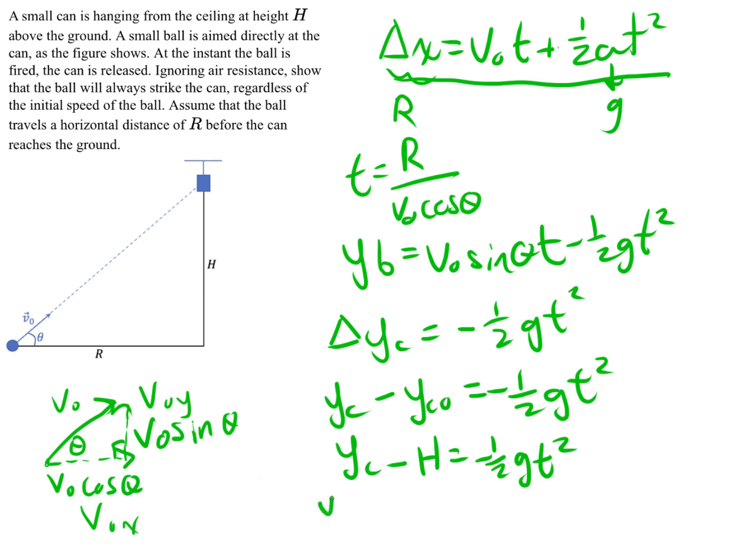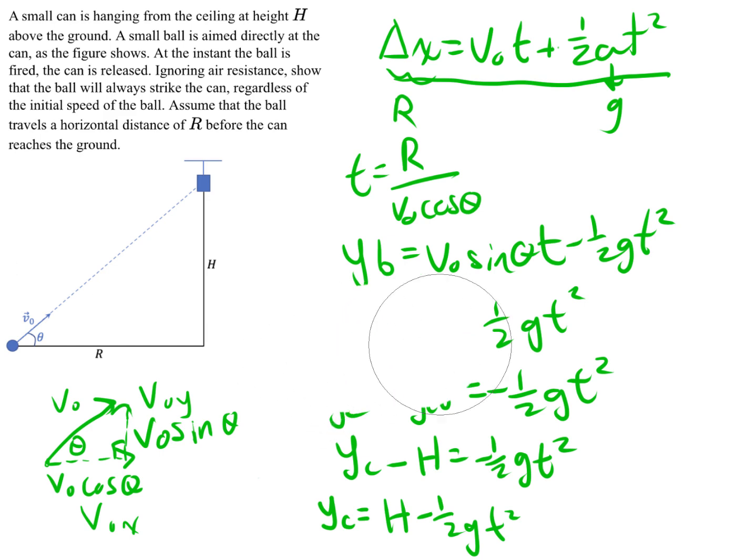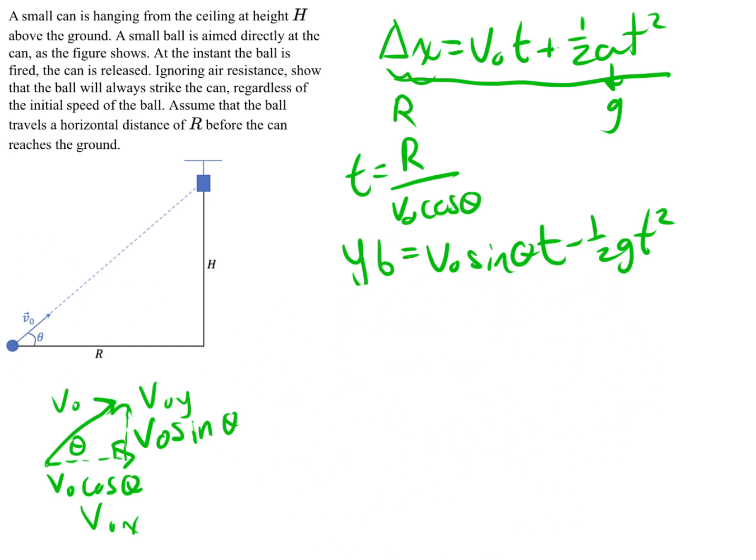So solving for the position of the can at any given moment, we find that it is equal to h minus 1/2 gt squared. And that is going to become important in a moment. So the y position of the can is given by the height minus 1/2 gt squared.